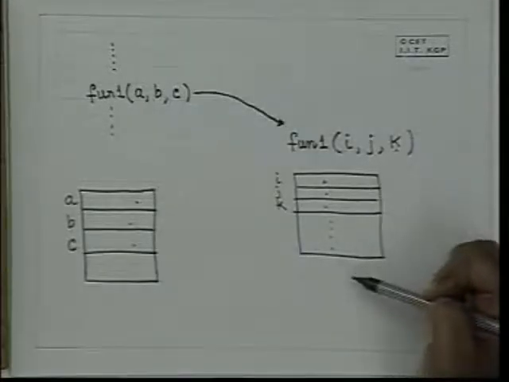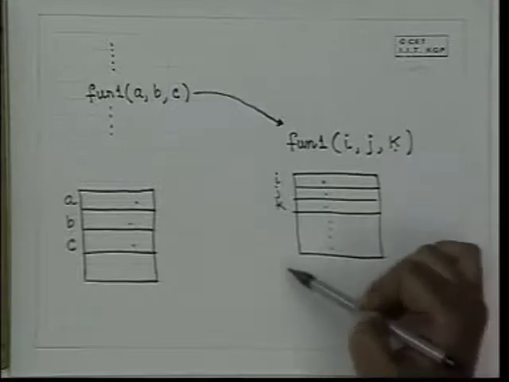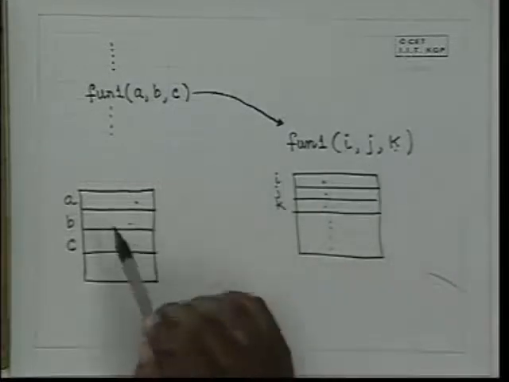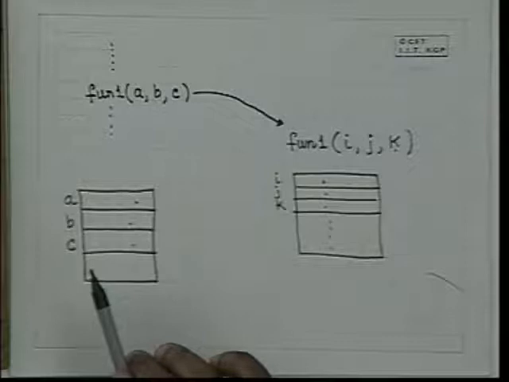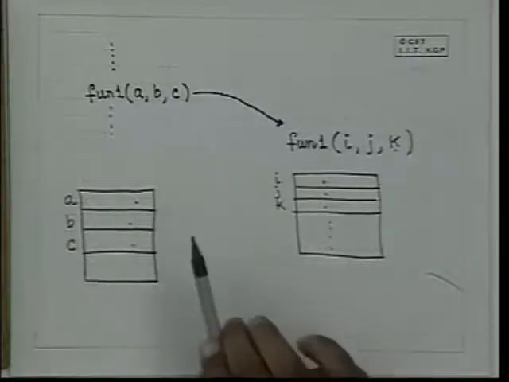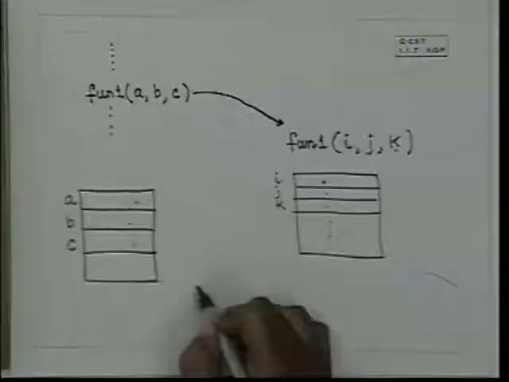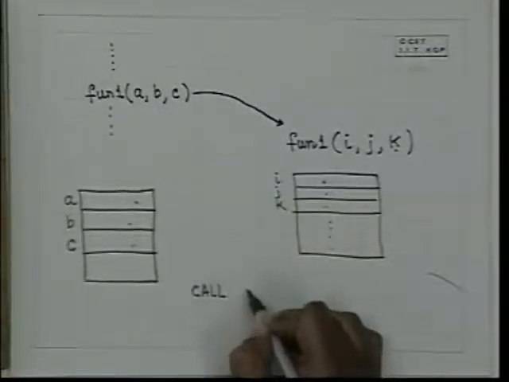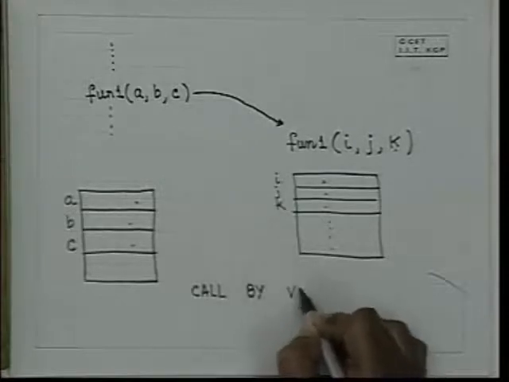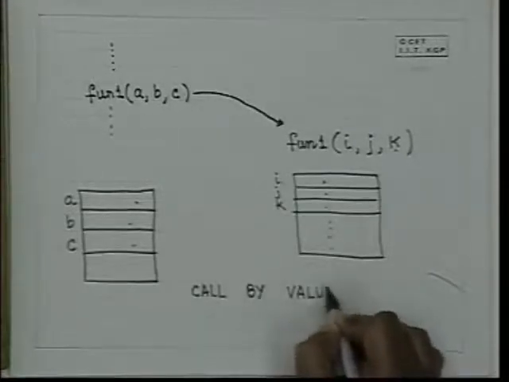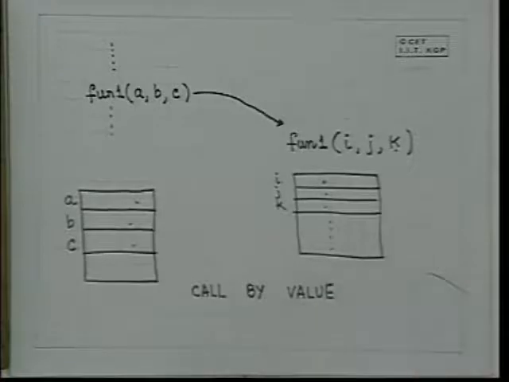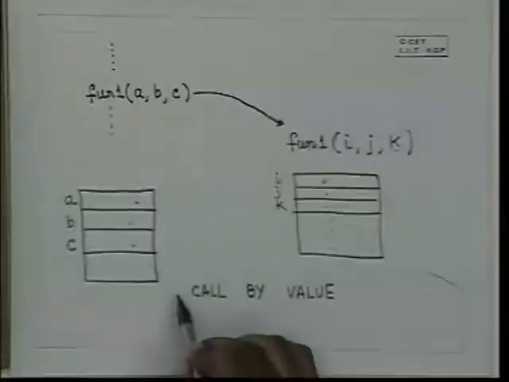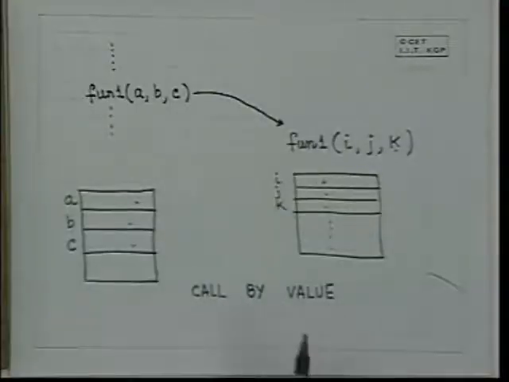After the execution is over, this memory is deallocated and the values are not copied back. This is how C programming works. This is called call by value. This is called parameter passing using call by value. C uses call by value.